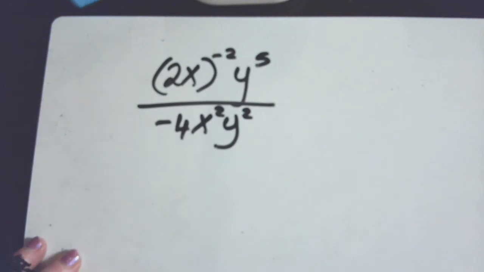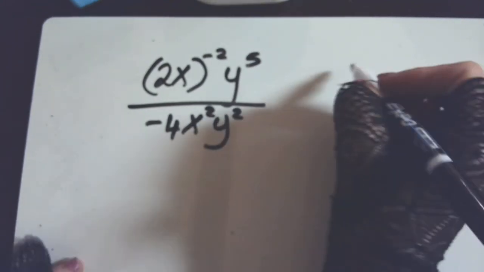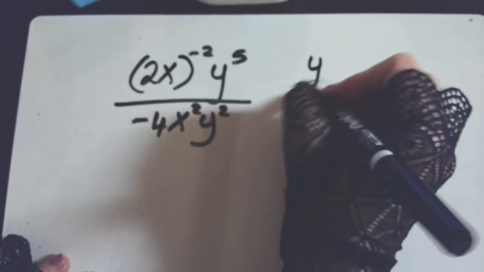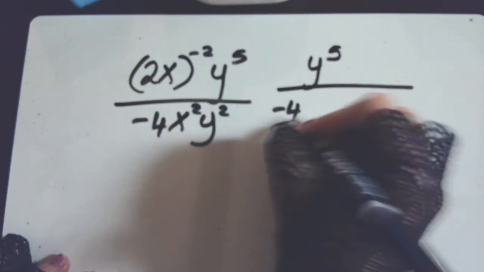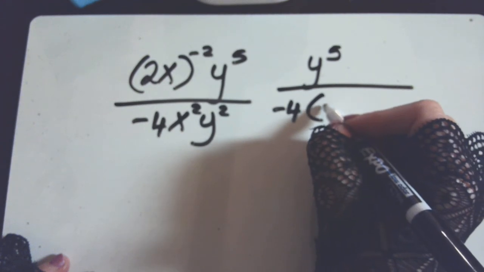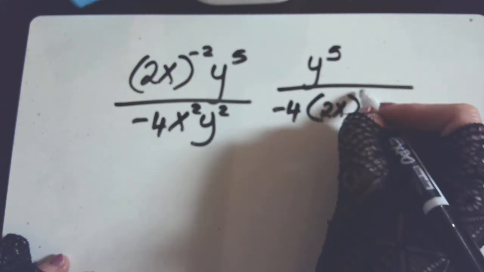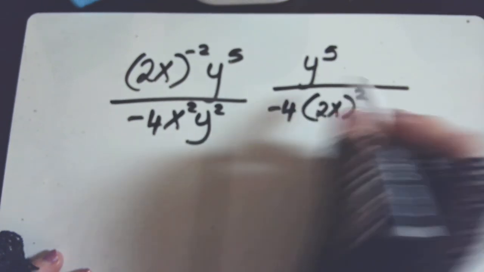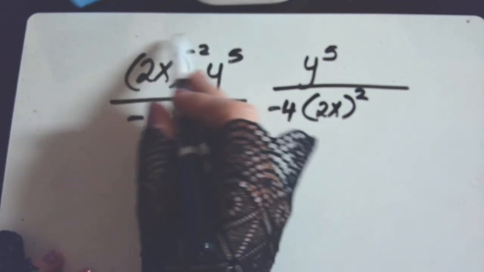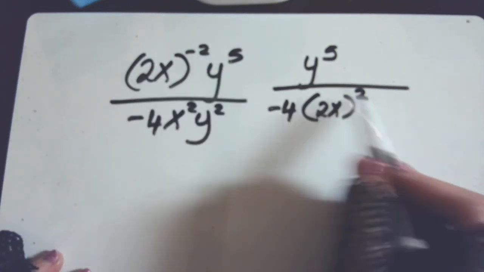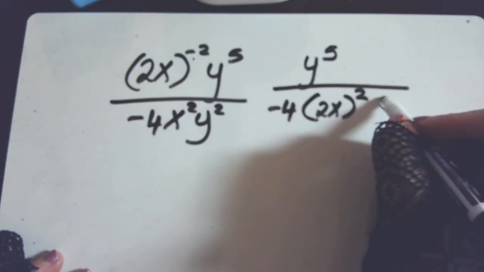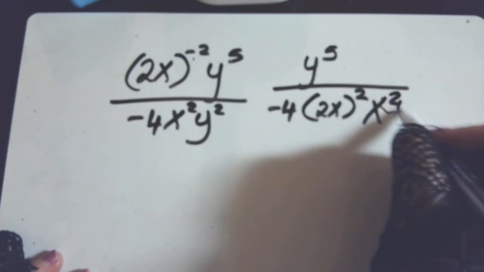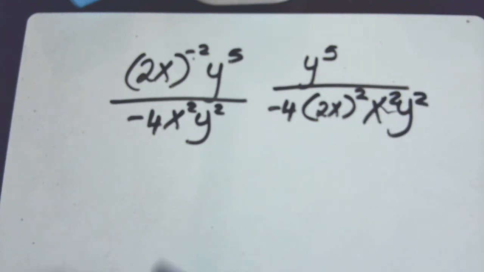So this whole thing is raised to the negative 2. That means we need to flip it to the bottom. So the first thing I'm going to do is keep y to the 5th here. I've got the negative 4 here, and I'm going to take this whole thing, 2x, and now it's going to be a positive 2. So I flip this down to the bottom so I can change this negative 2 exponent to a positive 2. And then I have x squared, y squared.